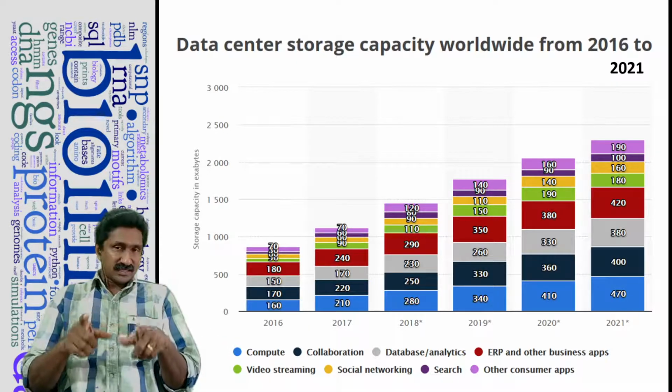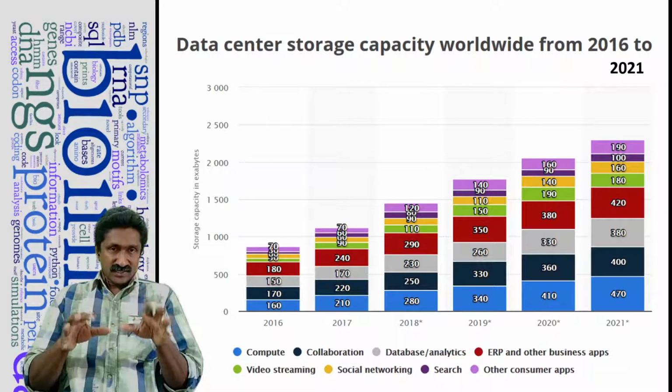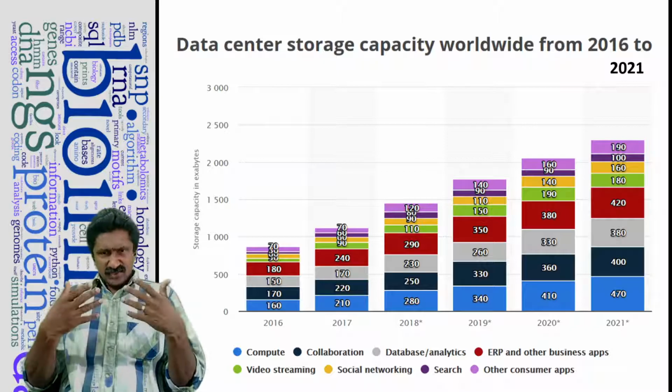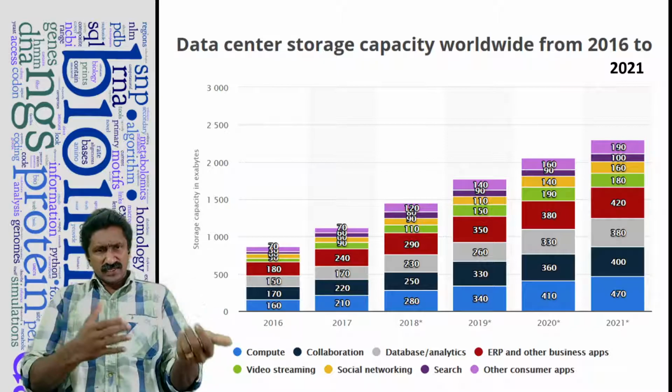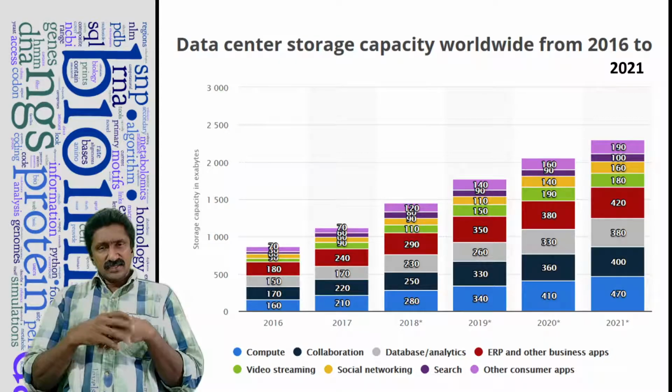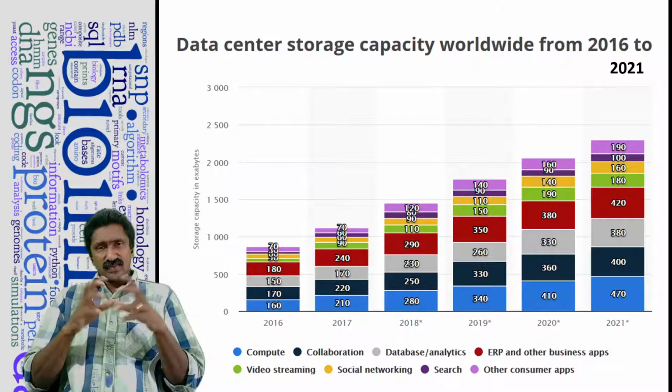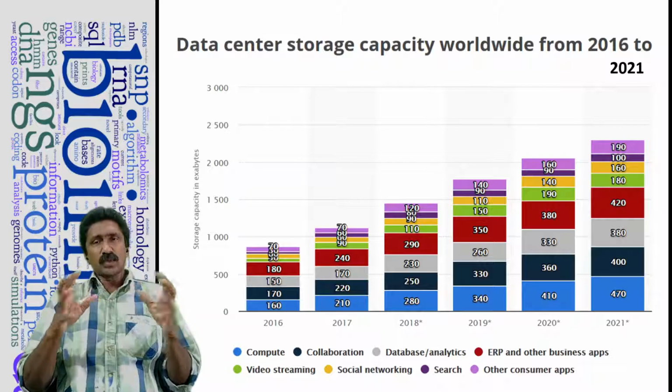It includes the computational capacities of databases of social networking, video streaming platforms, search engines, and cloud storage devices, that is accessible through the internet.